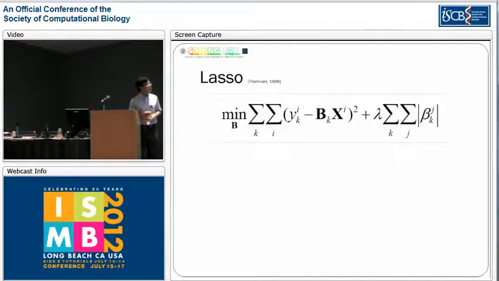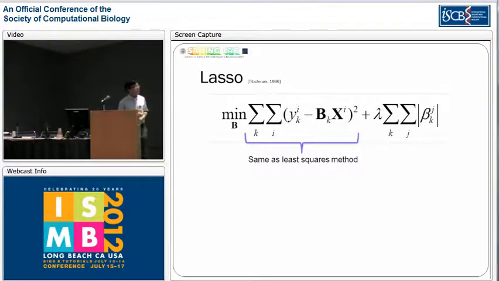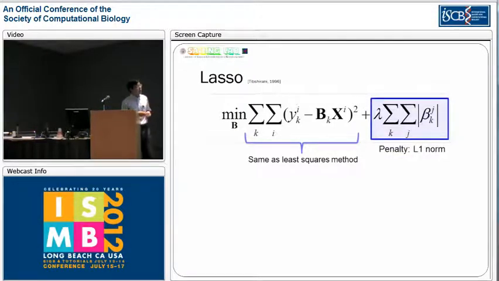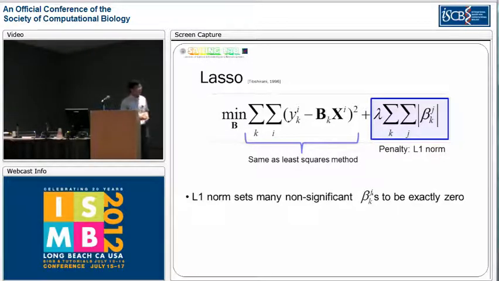And here is a very famous method called Lasso, which solves the problem that I mentioned under the sparsity assumption. Here, this term is the same as the term that we saw for the least squares method, but the difference is the second term. This is called the R1 penalty, which is the sum of absolute values of the elements in the regression coefficients matrix B. And this R1 norm sets many non-significant elements in matrix B to be exactly 0.